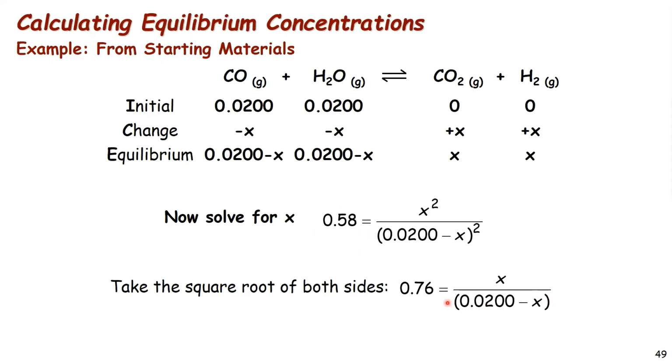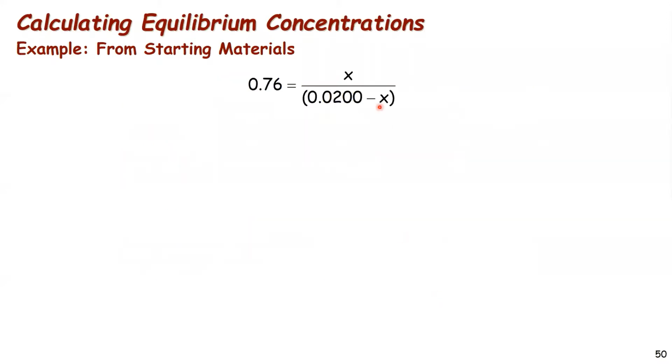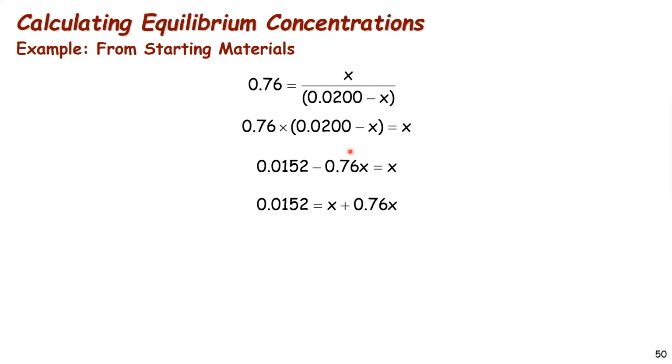Now I'll multiply both sides by 0.02 minus x, so it'll cancel over here and it'll come onto this side, okay? I'll take 0.76 times 0.02 and then minus 0.76 times x, which is just 0.76x, and that all equals x. Now I'll add 0.76x to both sides, and so that gives me 1.76x.